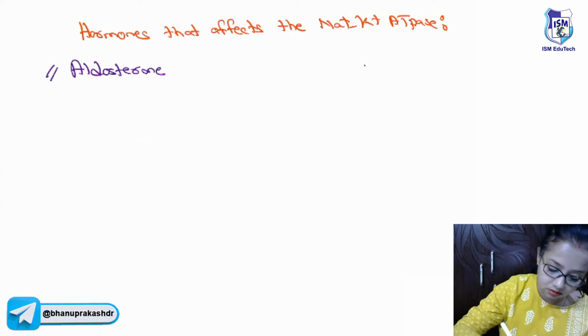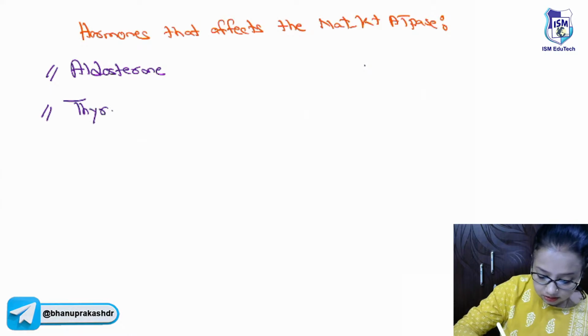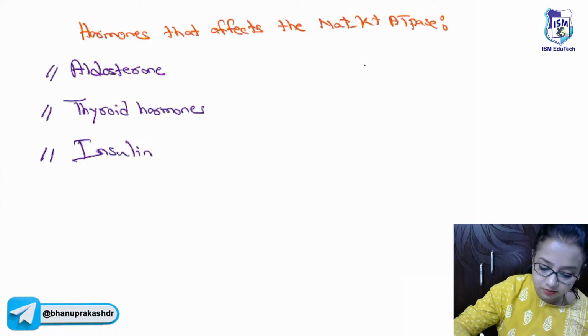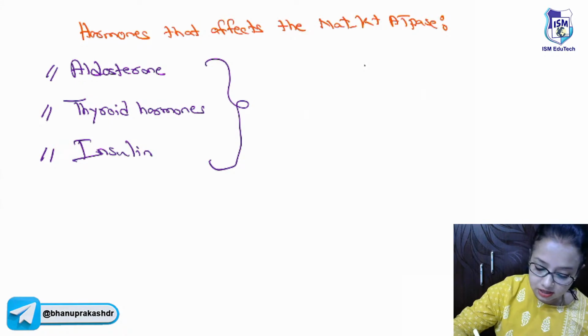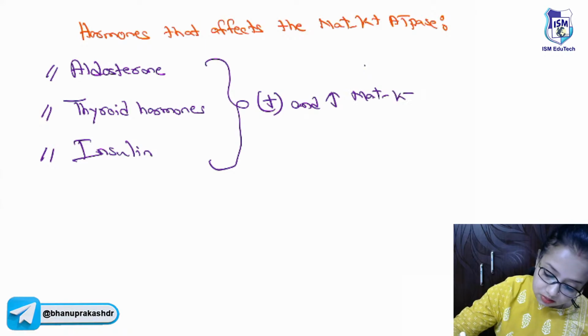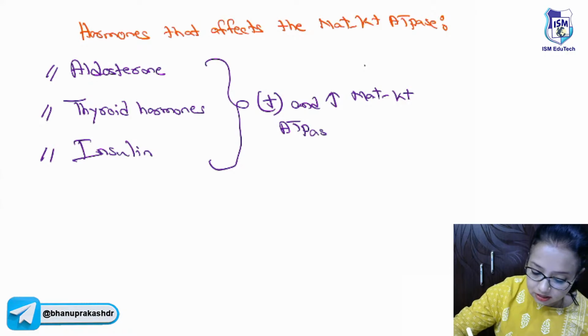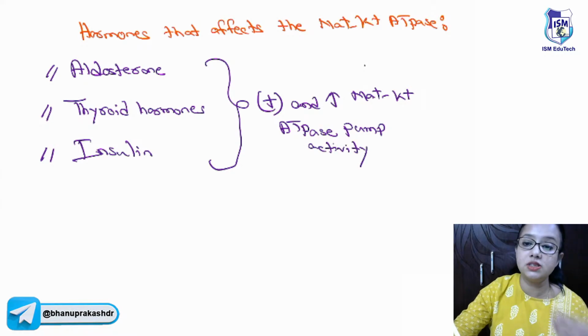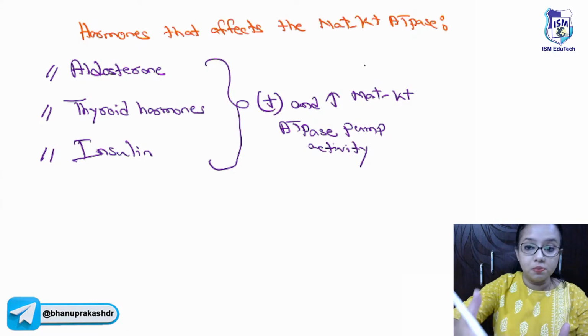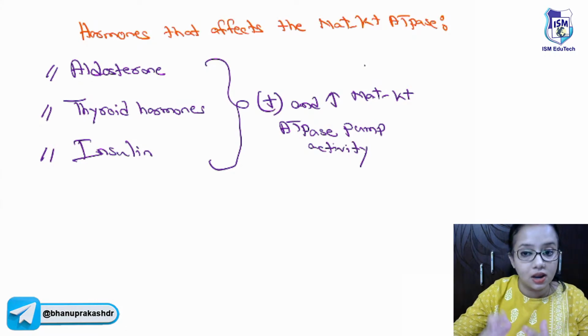aldosterone, thyroid hormones and insulin, all these three hormones stimulate and increase the sodium potassium ATPase pump activity, that is, they increase the rate at which the sodium potassium ATPase pump is bringing in potassium and throwing out sodium out of the cell.